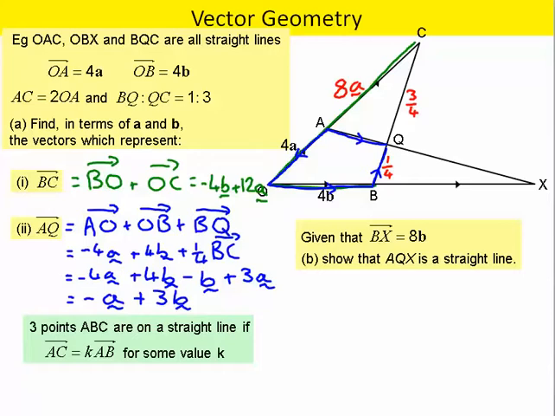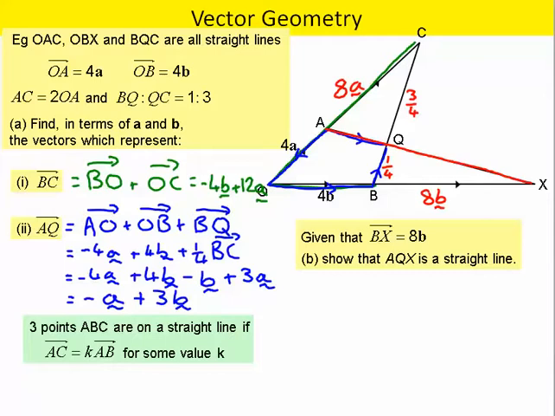In part b, we're told that BX is equal to 8b. So this measurement here now is 8b. Show that AQX, this line here, is a straight line.